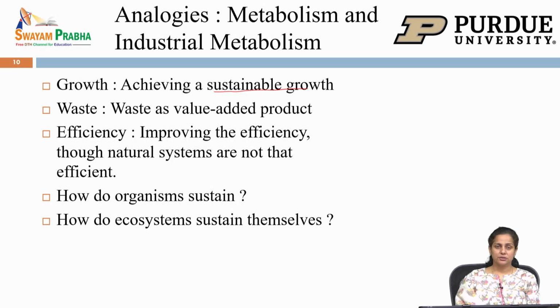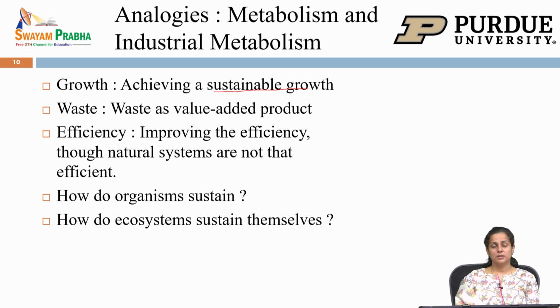The third is efficiency. Of course, efficiency has been around in systems design for decades, since the field of design has been there. The more we improve the efficiency, the more sustainable we think we can be. However, there is a contradiction here. Natural systems are not really that efficient; there is a lot of dissipation.